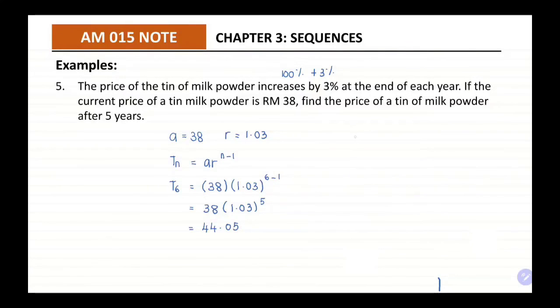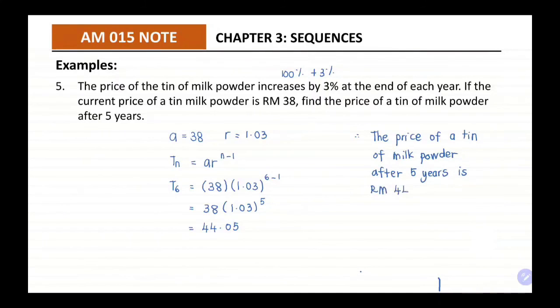Then we conclude the price of a tin of milk powder after 5 years is RM 44 ringgit and 5 sen.